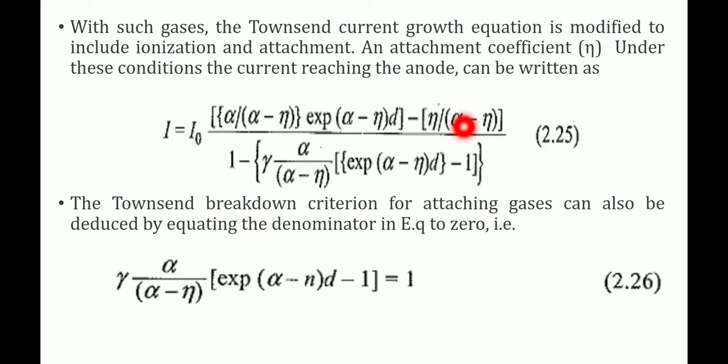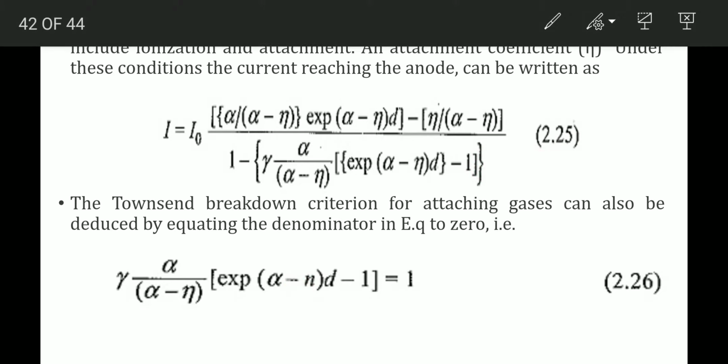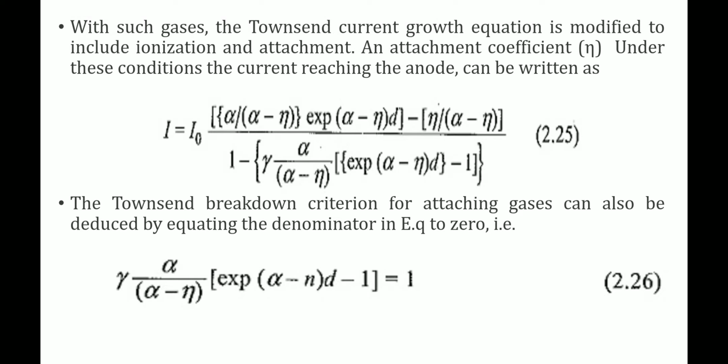So how can this equation be reduced? This is the numerator and this is the denominator. So if this denominator term is equated to 0, what do we get? Gamma into alpha divided by alpha minus eta, exponential of alpha minus eta into d minus 1.